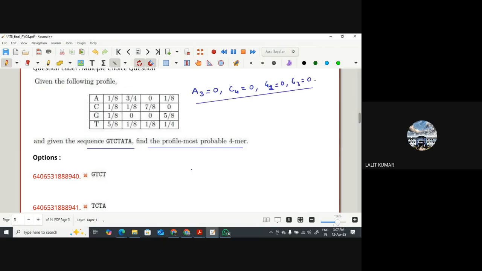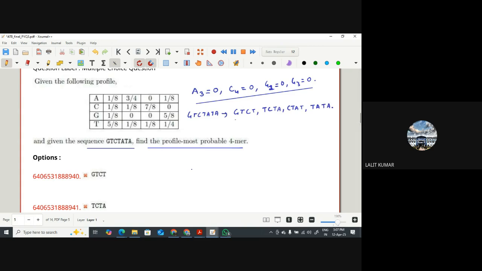Now we can break GTCTATA into 4-mers. It will become GTCT, TCTA, CTAT, and the last one is TATA.